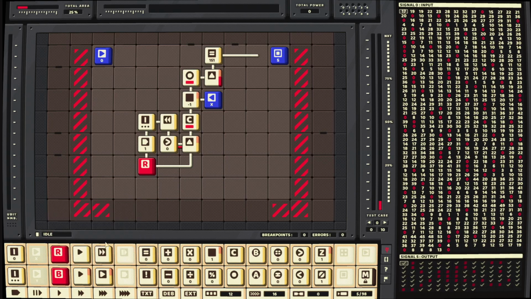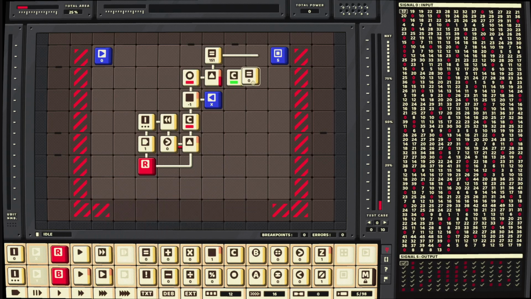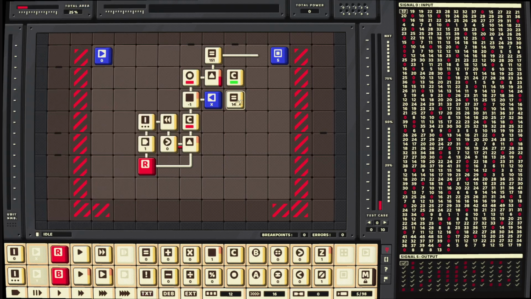If you are not the color red, you shall become the color green, and the value 144, and be sent to the output.